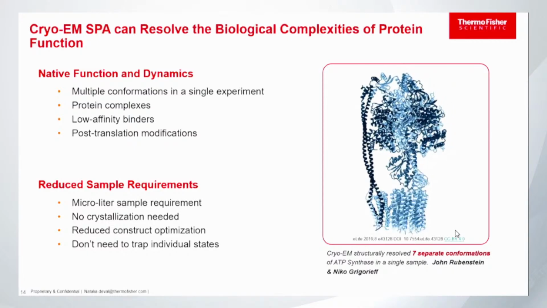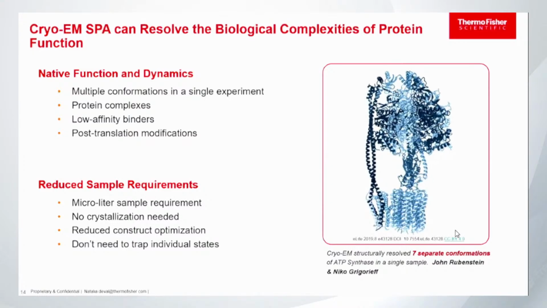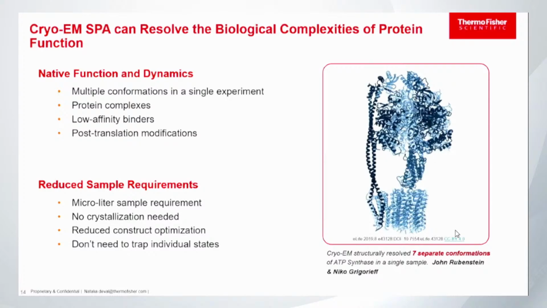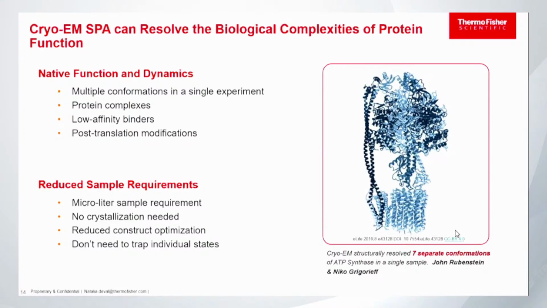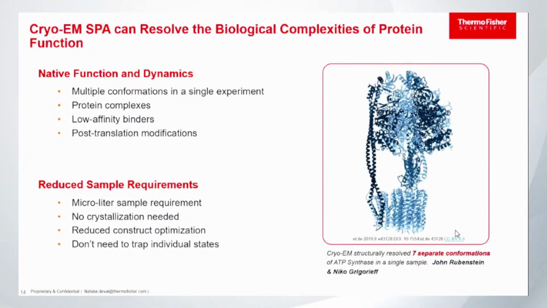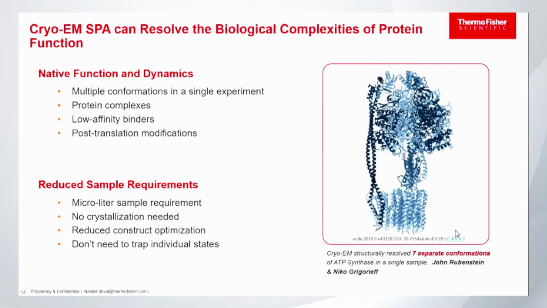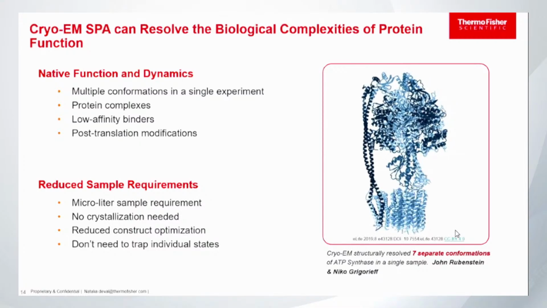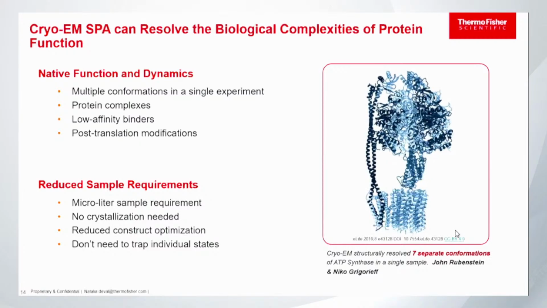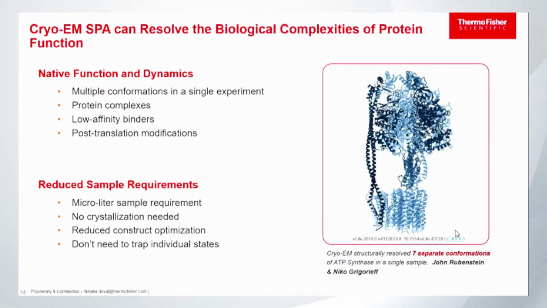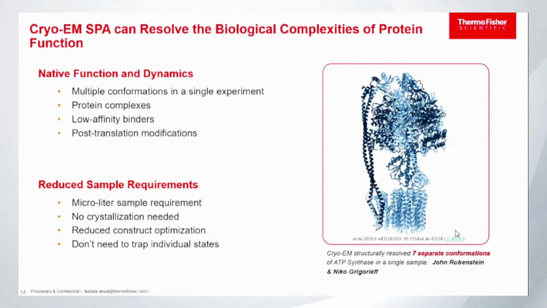So in this case, you can work with a protein, for example, an antigen, you can buy different antibodies, you can make a huge macromolecular complex with different proteins, A, B, C, D, and put that in the same experiment and have a 3D reconstruction of all those proteins together. So again, very, very cool. You can work as well with low affinity binders and even capture the post-translation modifications.